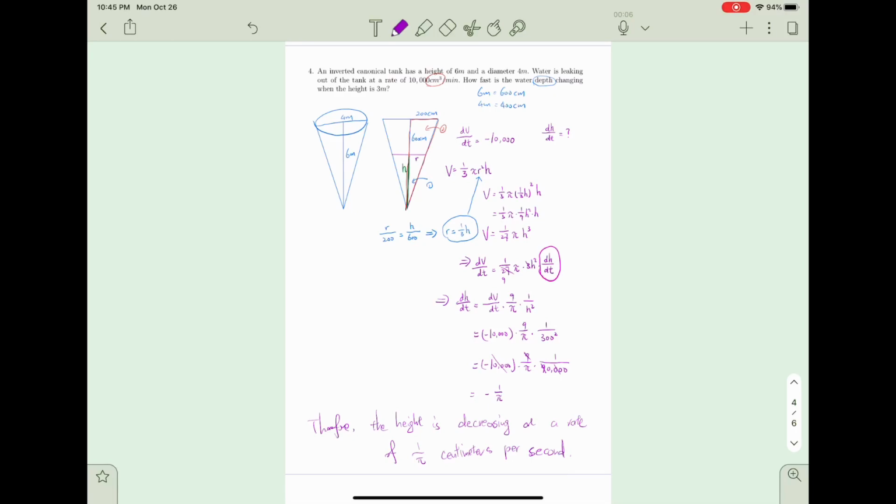Then you differentiate both sides with respect to t to find the relation between dV dt and dh dt. We knew dV dt at the beginning, and we're looking for dh dt, so our goal was very clear.